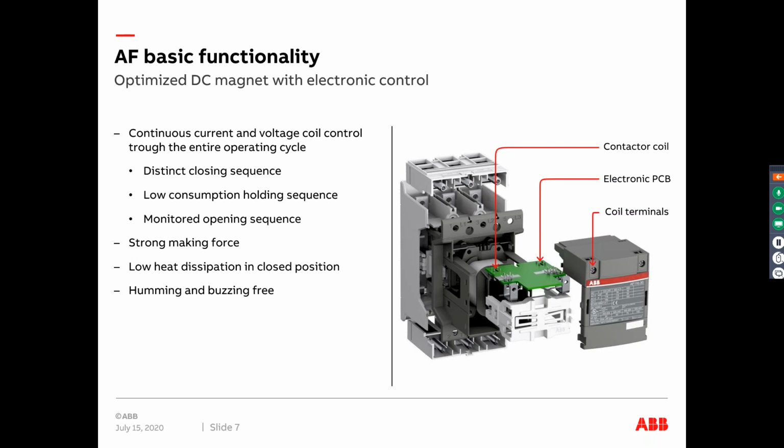With all this, voltage and current are continuously measured throughout the cycle. It makes sure that you have a good closing, holding, and opening sequence, and also a strong making force. Humming and buzzing sound is eliminated, and there is low heat dissipation.